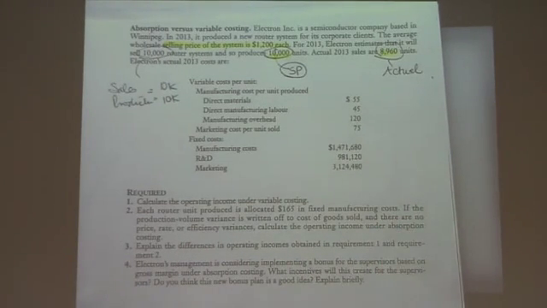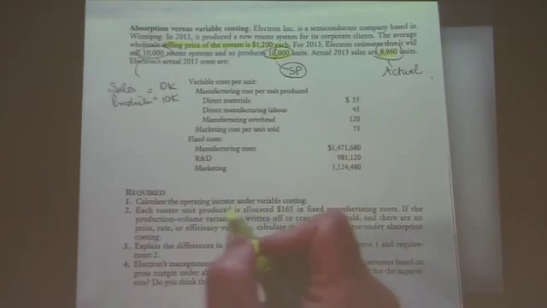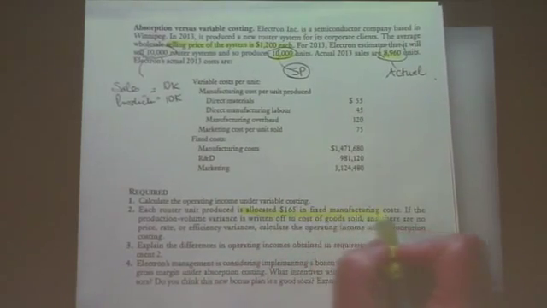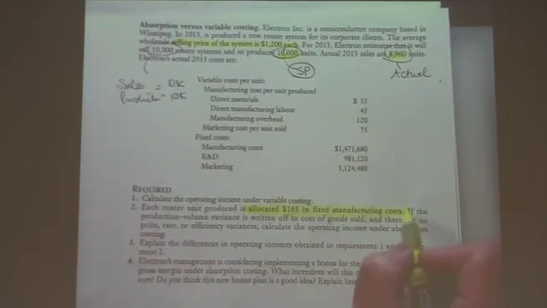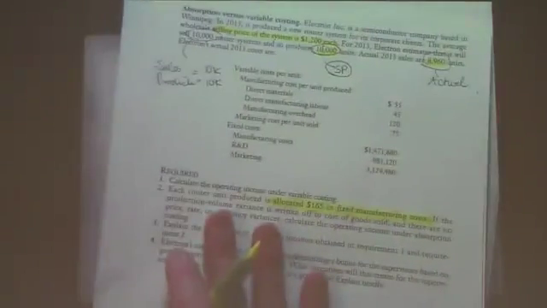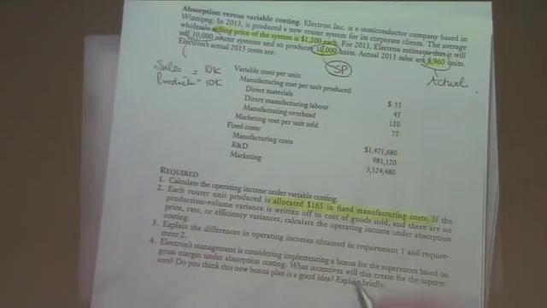Now it says here each router produced is allocated $165 in fixed manufacturing overhead. In previous chapters, you would have learned how to calculate this 165, but for this question, it's given to us.